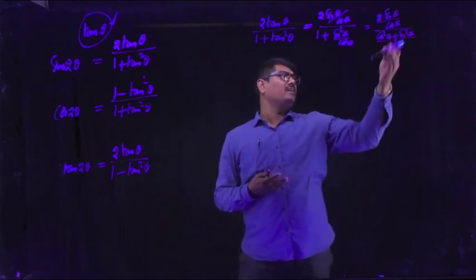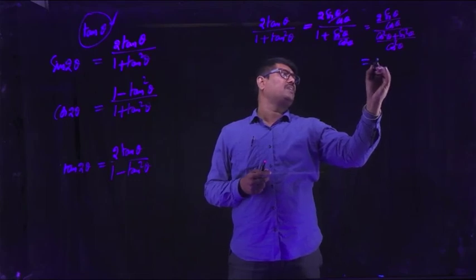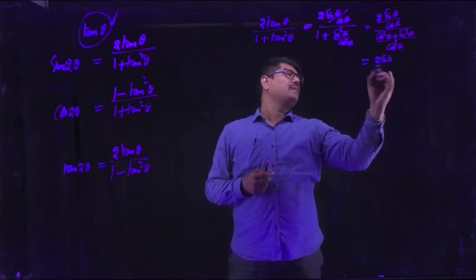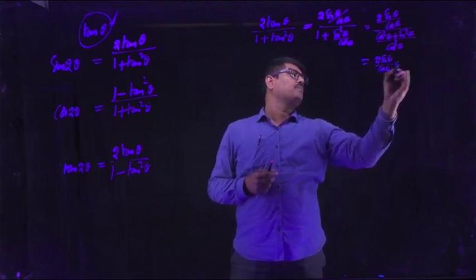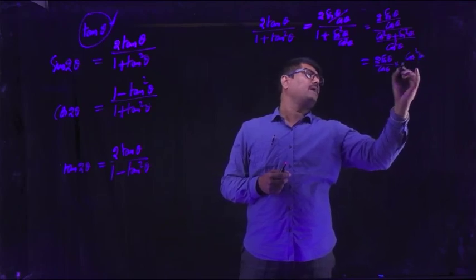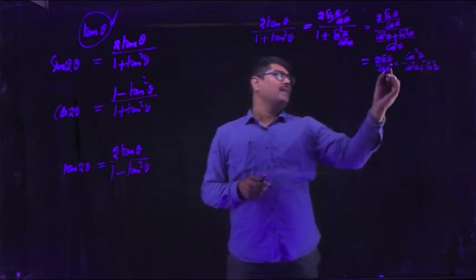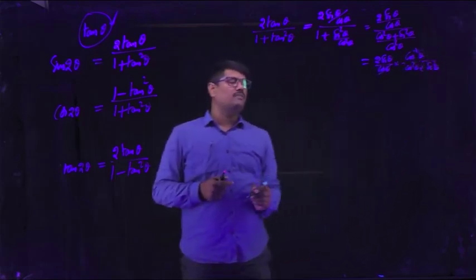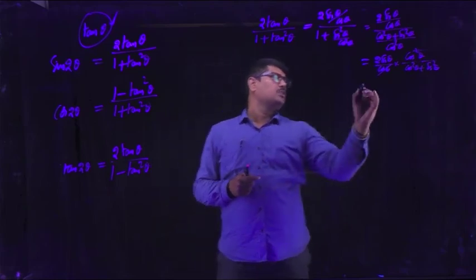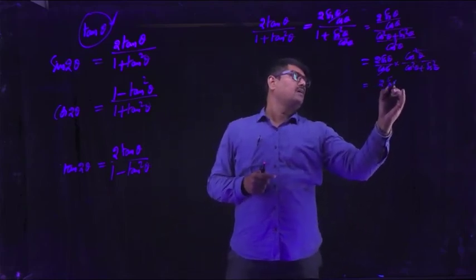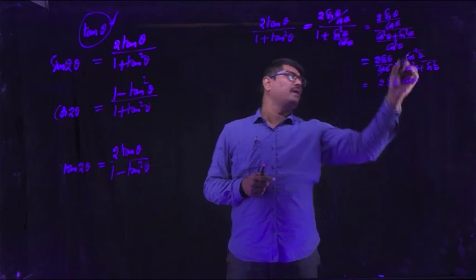Here you will get the expression in reverse manner: 2 sin theta by cos theta into cos square theta by cos square theta plus sin square theta. So you can cancel one cos theta from numerator and denominator. So you have 2 sin theta into 1 cos theta remaining there.